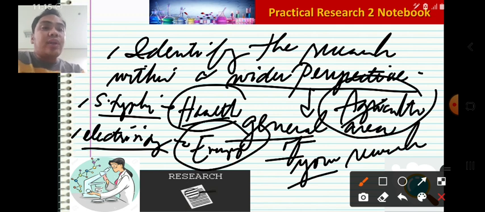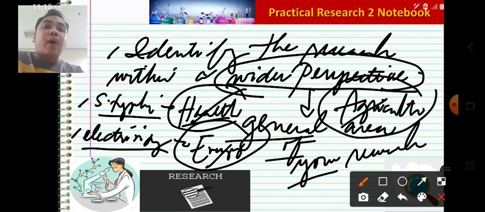Therefore, agriculture, health, and energy are examples of general areas of research, and they are considered to be the wider perspectives of your study. That will be the first step for you to establish a territory. In this case, expect that in the succeeding slide presentations, we will discuss the concept of agriculture, since it is the general area of research in connection to Xanthomonas campestris and the dark or brown coloration among leaves of cabbages.